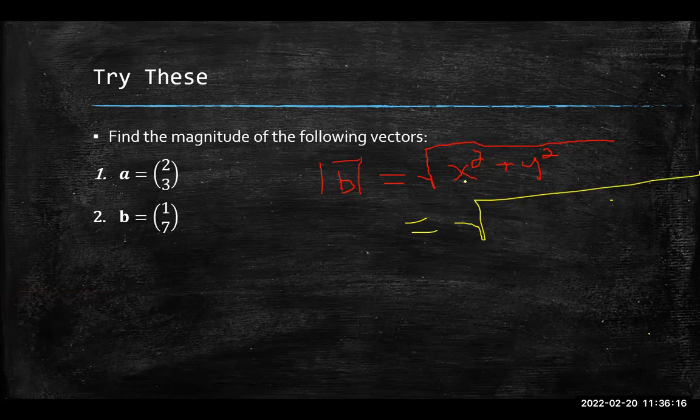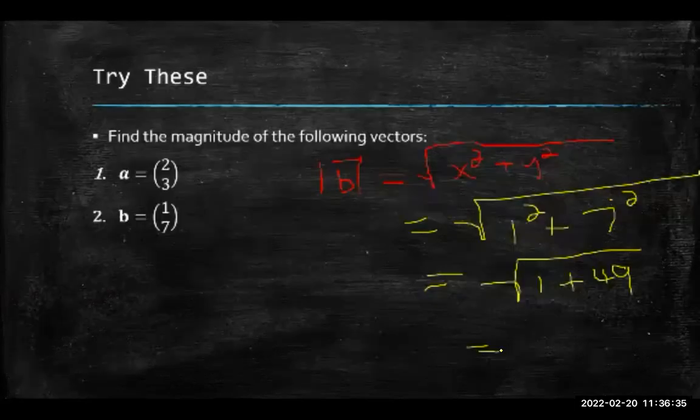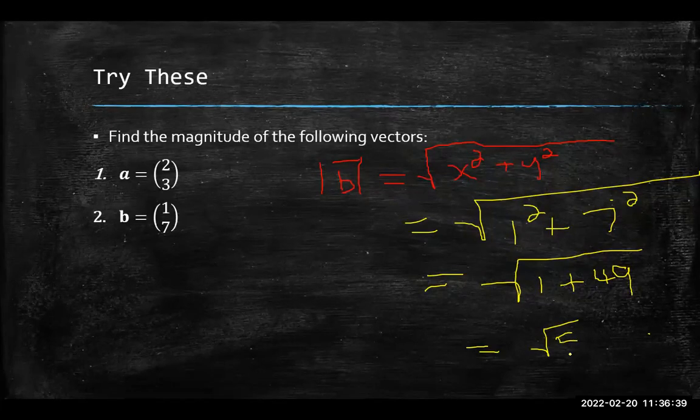So 1 is my x, so that's 1 squared. Plus 7 is my y, so that's 7 squared. Like I was saying just now, 1 squared is 1 and 7 squared is 49. And therefore, 1 plus 49 is going to give me root 50 units, of course. Don't forget units.